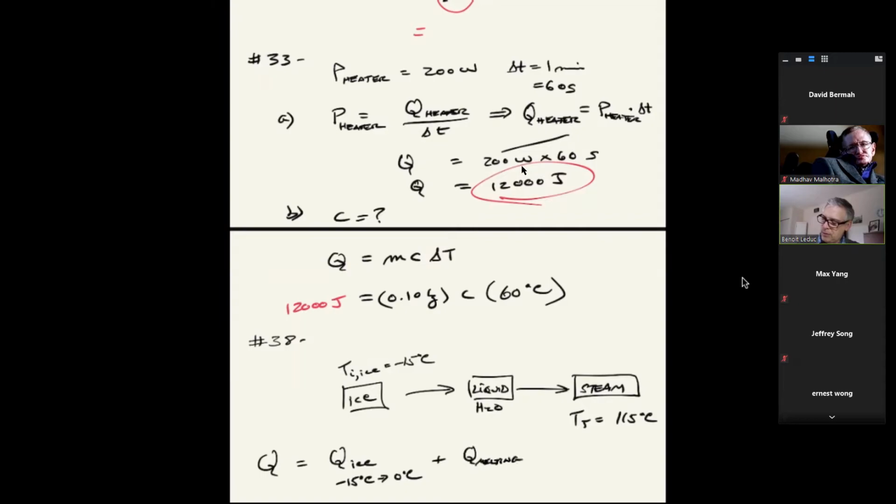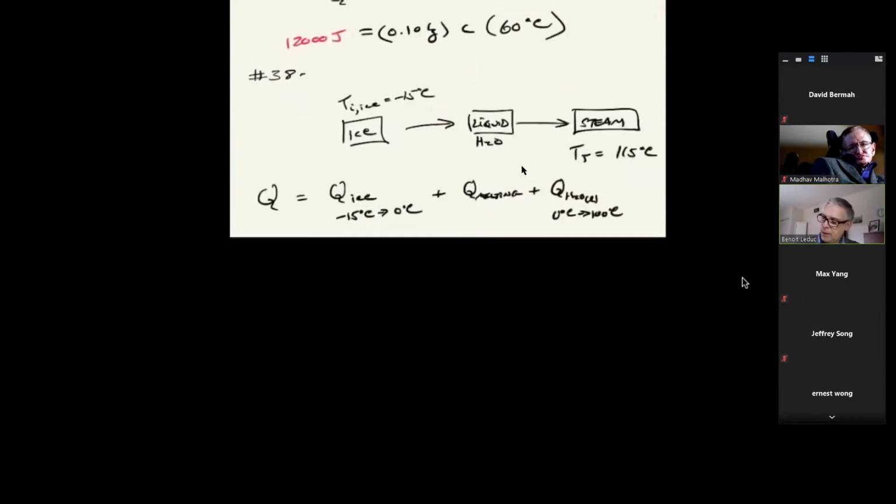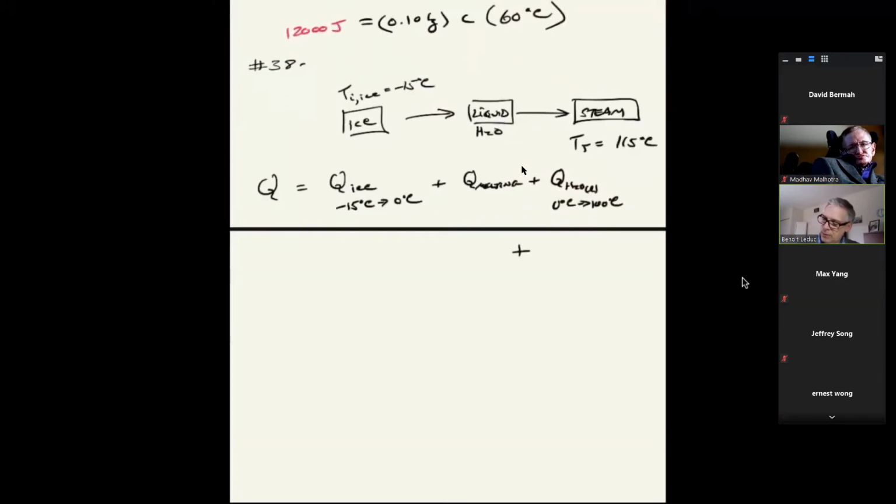Then plus the liquid water, H2O, from 0 degrees Celsius to 100 degrees Celsius. Then you need to vaporize it, so it has to go from water to steam. And finally, when it's steam, you have to increase the temperature from 100 degrees Celsius to 115 degrees Celsius.